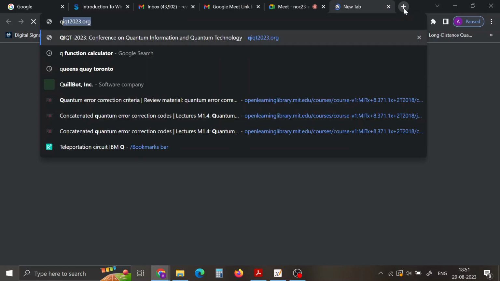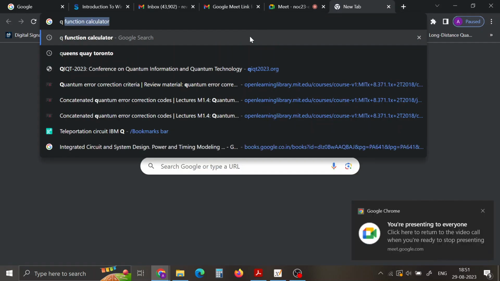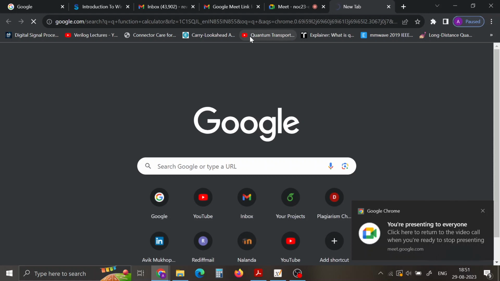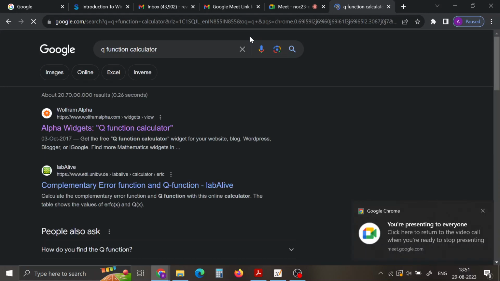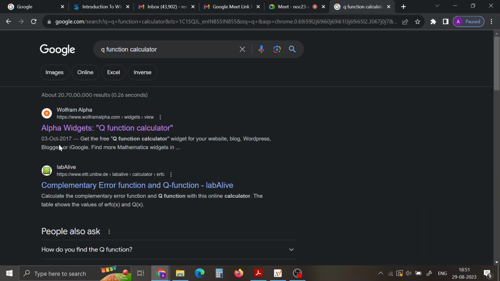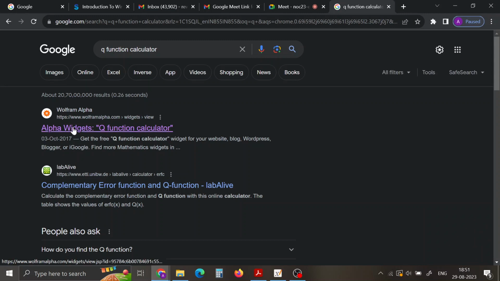Let me just show you a demo. I searched for Q function calculator, and Wolfram Alpha is the first website that comes. I'll just open that. It's a bit slow.